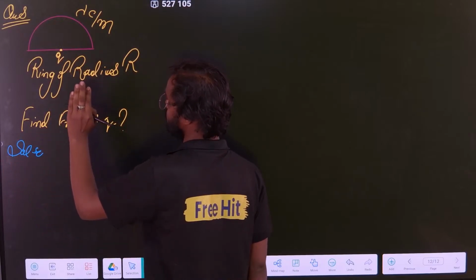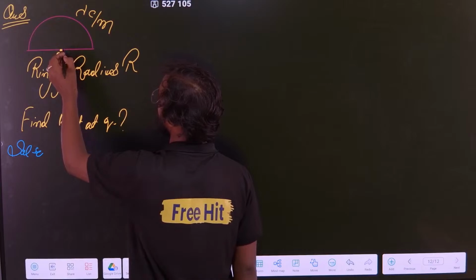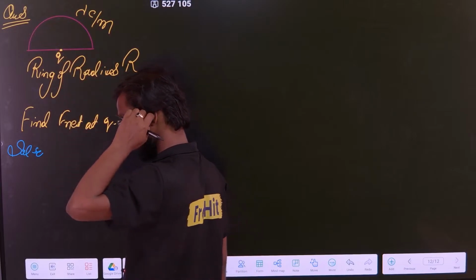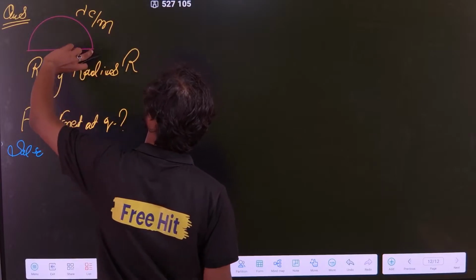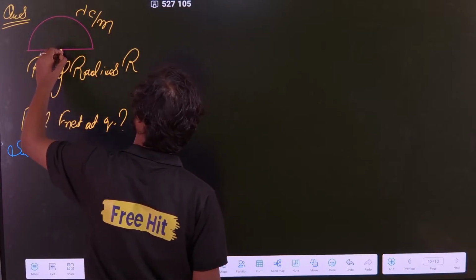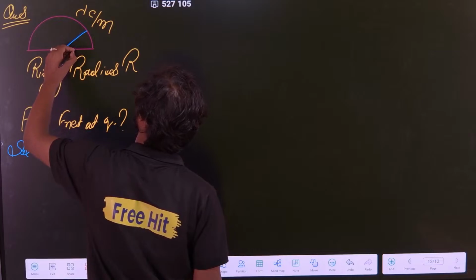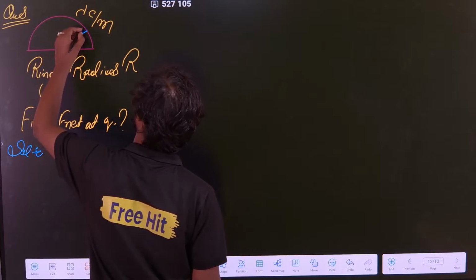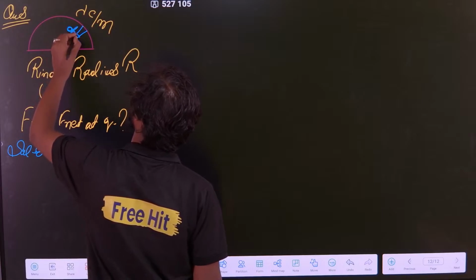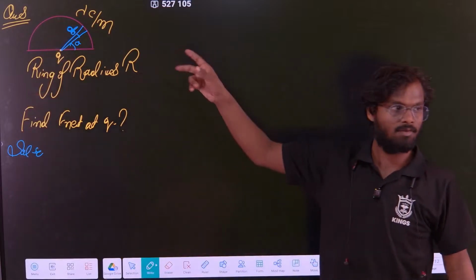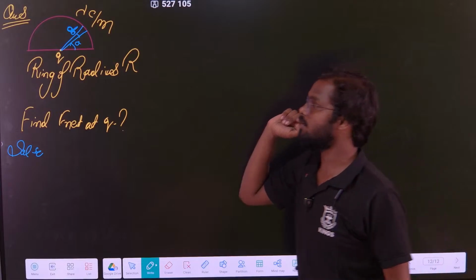So this is the case. This is my radius r. From some angle theta, we will take a small element, that is dθ. Correct?